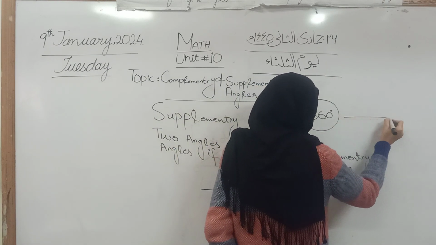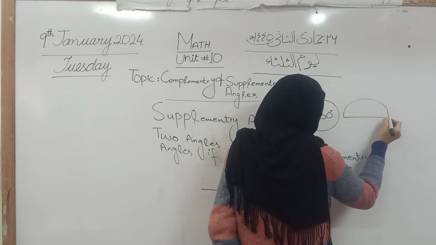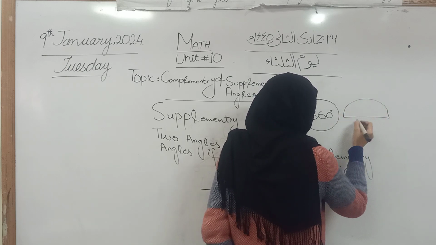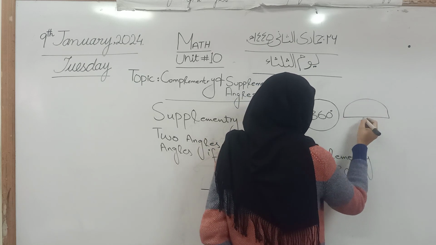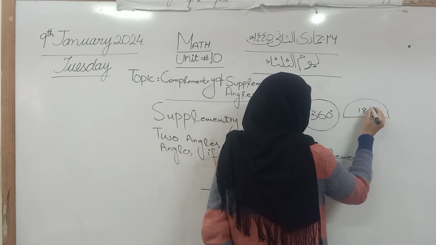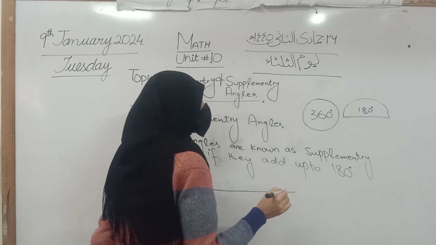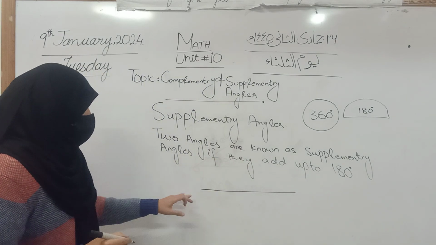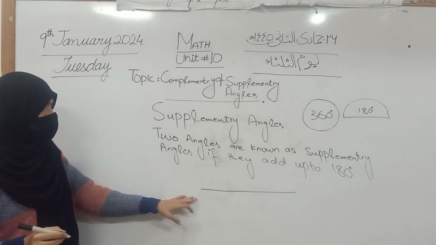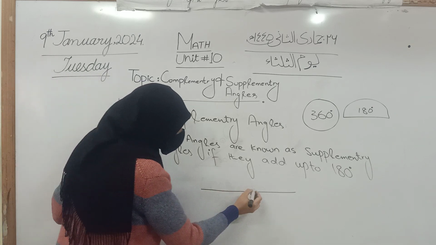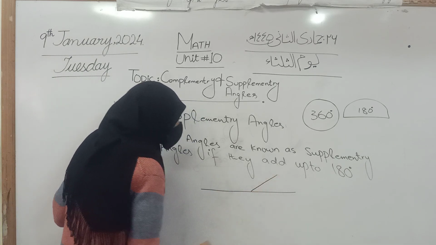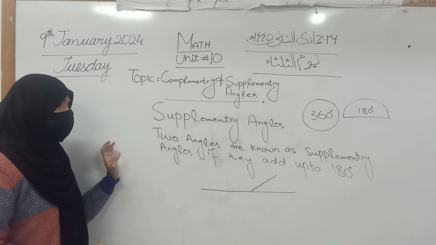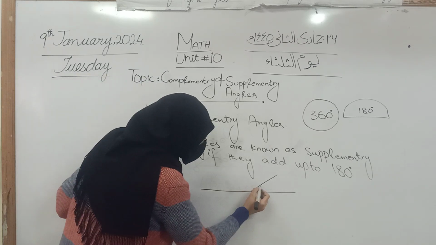Now, if there is a semicircle like this, on a straight line, if I am cutting the circle into two equal parts, then what will be the angle? This will be 180 degrees. Okay? Now, there is a straight line and let's suppose I am drawing an angle of 30 degrees here, approximately.